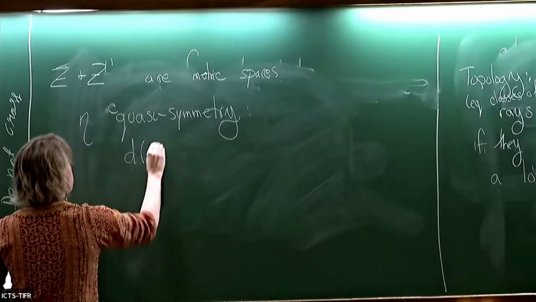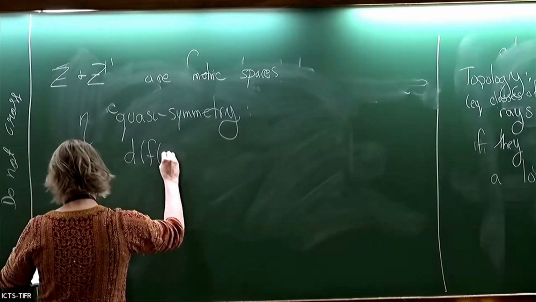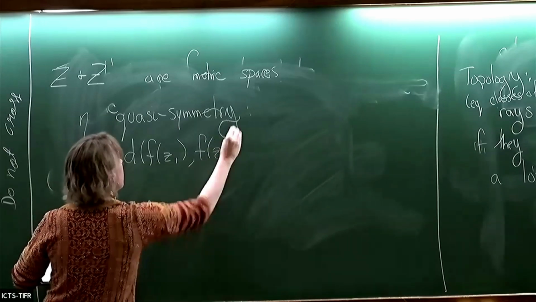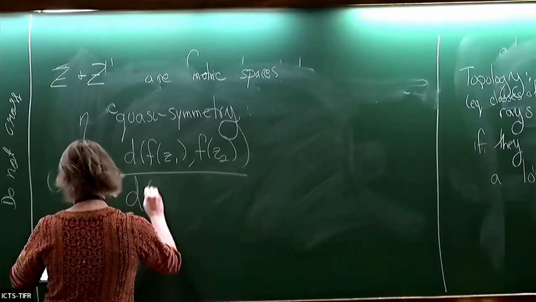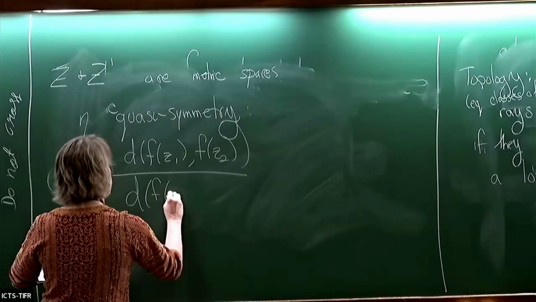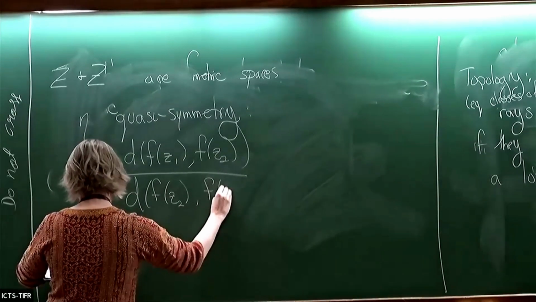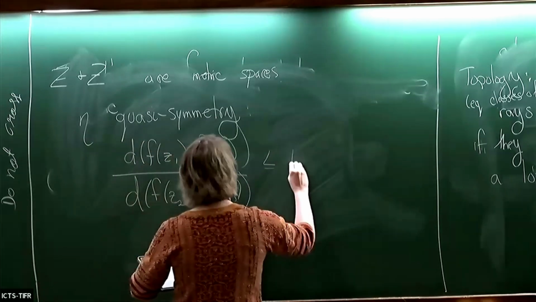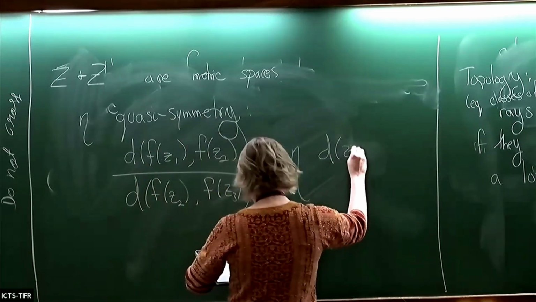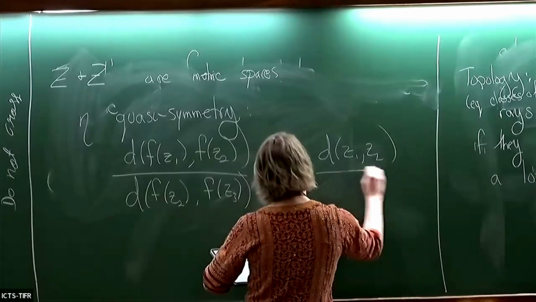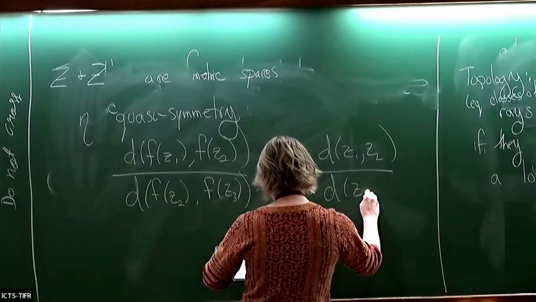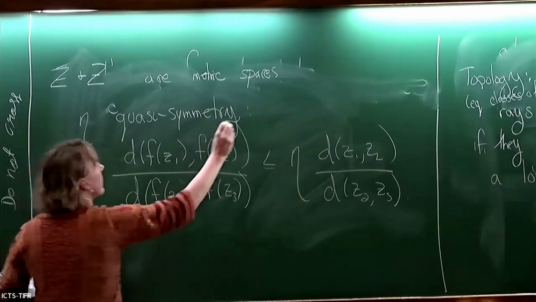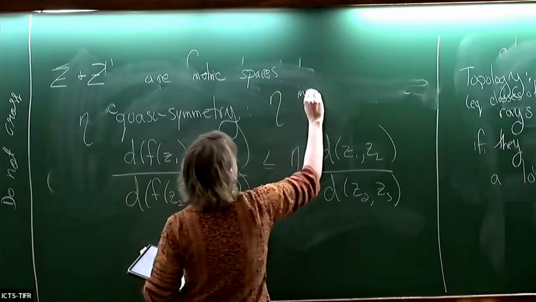This means that I take three points, Z1, Z2, Z3, and the distance between f of Z1 and f of Z2, all over the distance between f of Z2 and f of Z3, is at most eta times the distance between Z1 and Z2 over the distance between Z2 and Z3, where eta is an increasing homeomorphism.